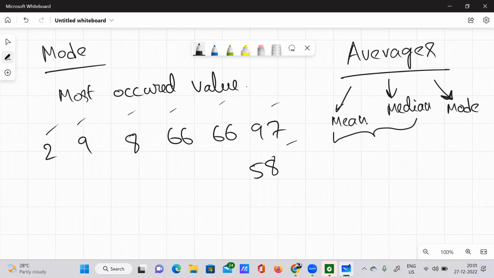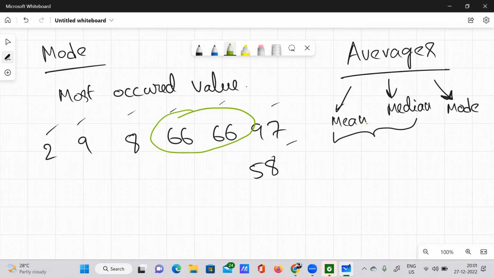See here, 2, 9, 8, 97, 58, every data point is repeating only one time. But when you look at 66, 66, it has been repeated 2 times, which is more than one time.